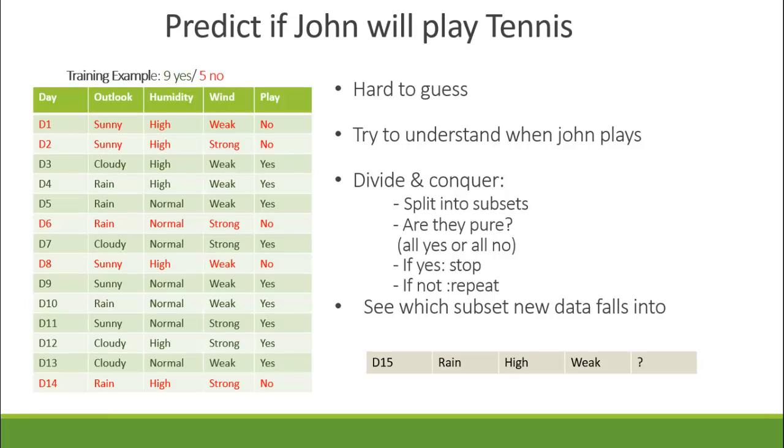In a decision tree we can use a technique called divide and conquer, where we divide the data into subsets. We keep on splitting it into subsets until we reach the point where we can clearly say that he would play tennis or not.